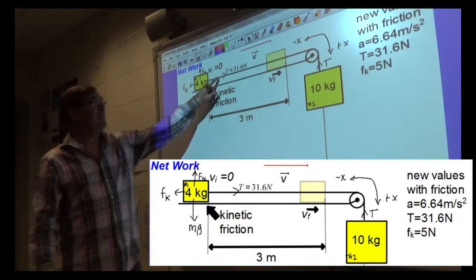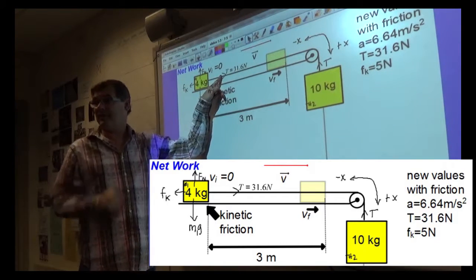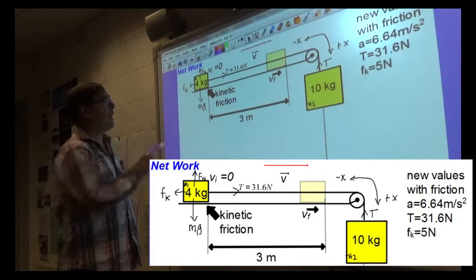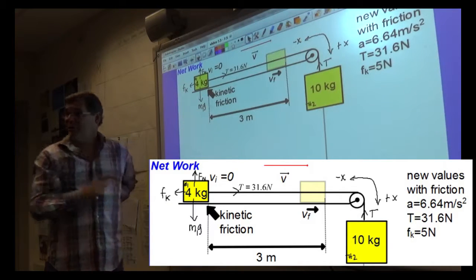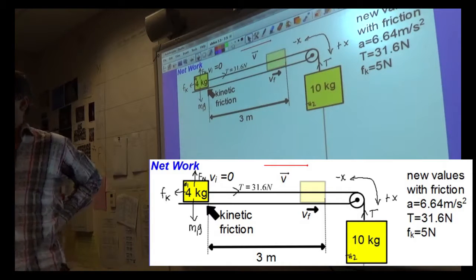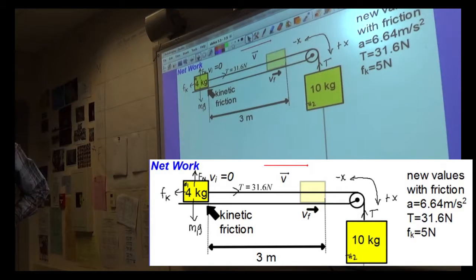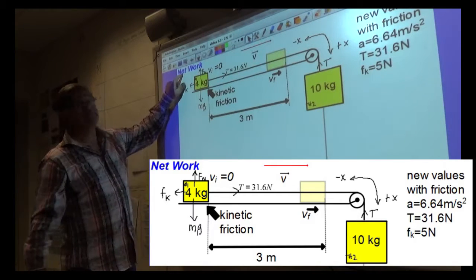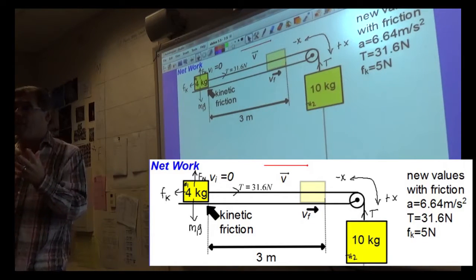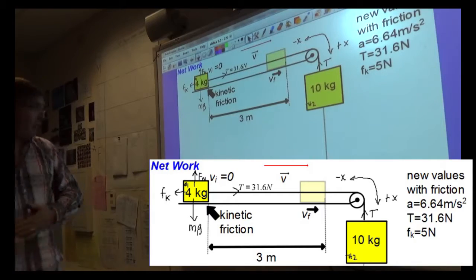In other words, that force acts to increase the kinetic energy of the block, whereas the frictional force acts in the opposite direction to the motion, so that's negative work done by the frictional force, and we know that friction slows things down. So, what is the net work? What is the sum of all the work done on the block?